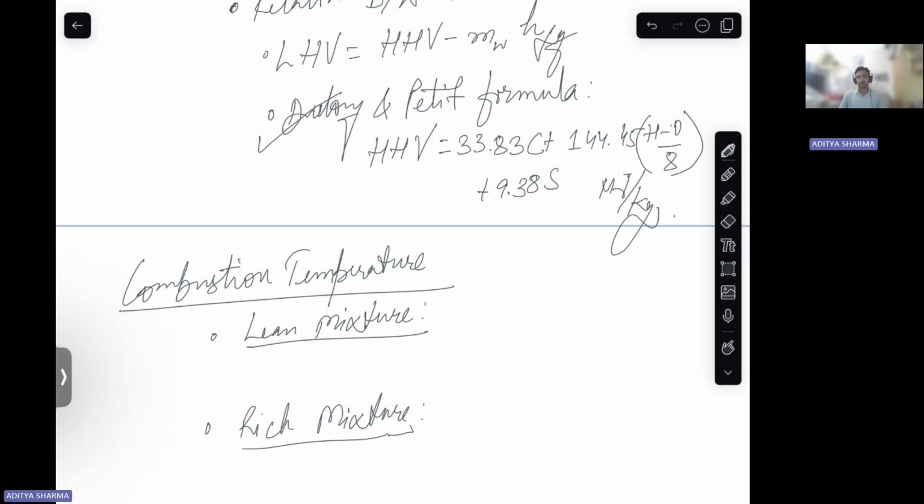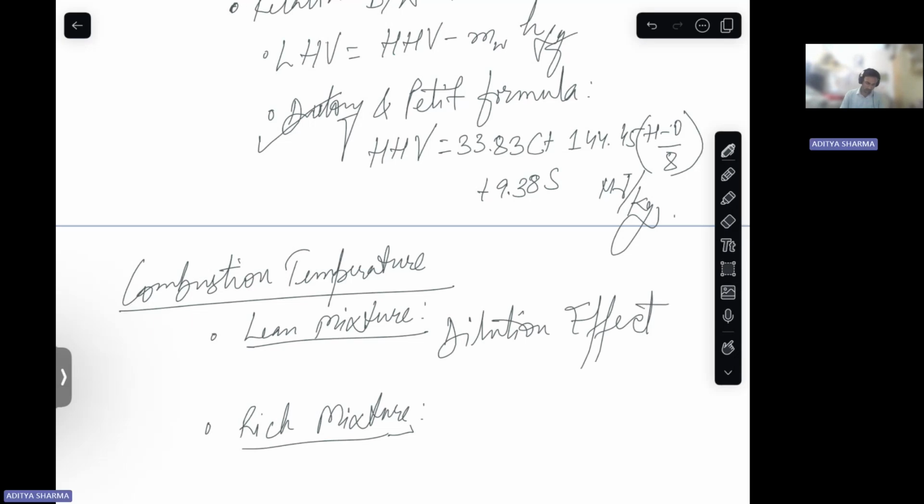This is in comparison to stoichiometric conditions. If you burn your fuel or coal in stoichiometric conditions, in that case it has some temperature T. Comparing it with the lean mixture and the rich mixture, what is the effect on the combustion temperature? In the lean mixture, the combustion temperature decreases because of the dilution effect.